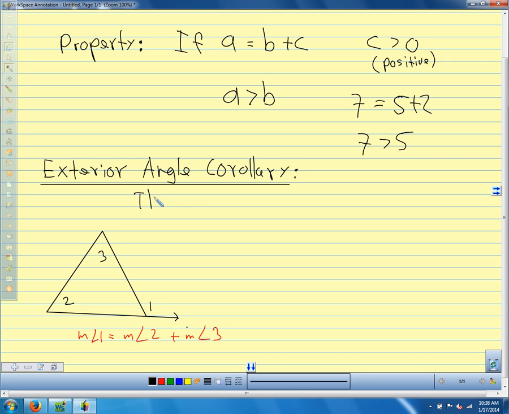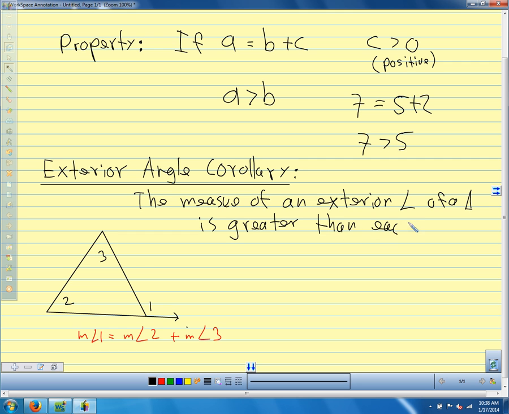So the corollary says the measure of an exterior angle of a triangle is greater than the measure of each of the remote interior angles.